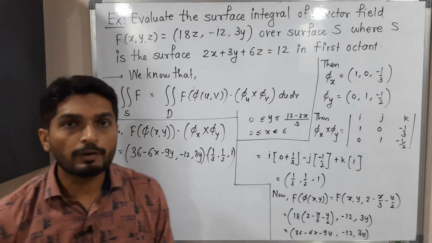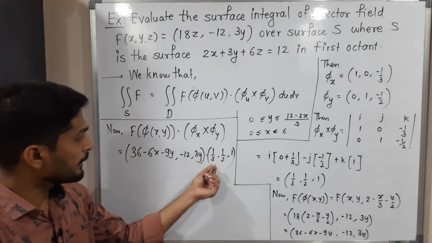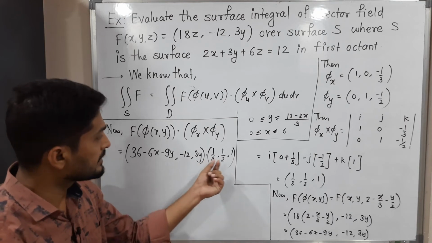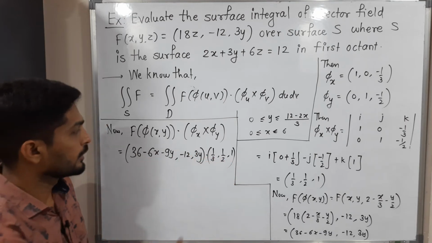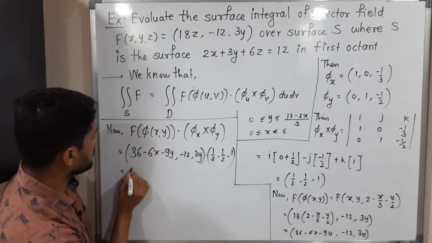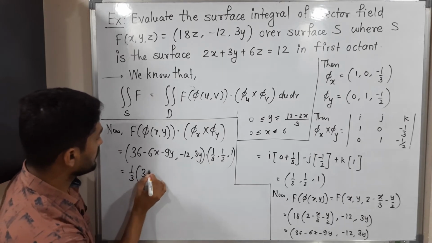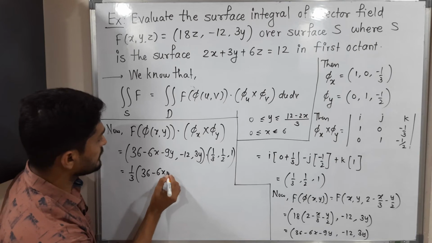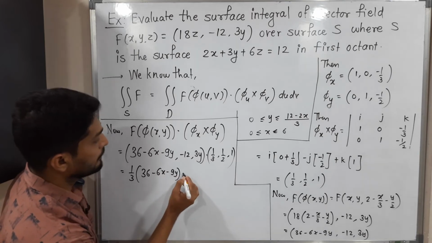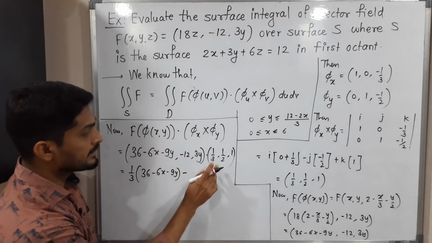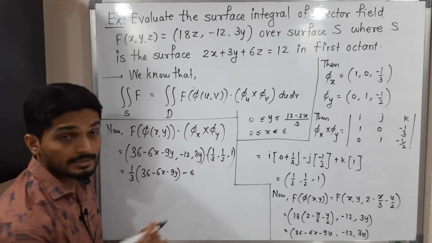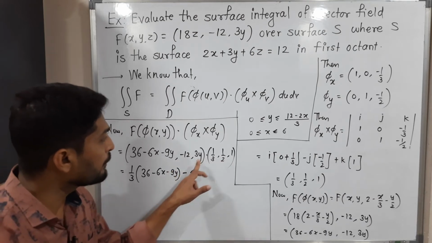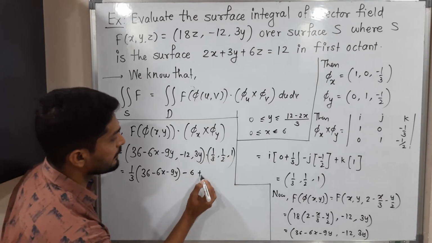You know well how to find the dot product: first component into first component plus second component into second component and the third component into third component. So 1 by 3 into the first term, 1 by 3 times 36 minus 6x minus 9y, plus, actually plus is there, but we are taking the product of minus 12 and minus 1 by 2, which will be 6. And the third component into the third component, that means 3y.